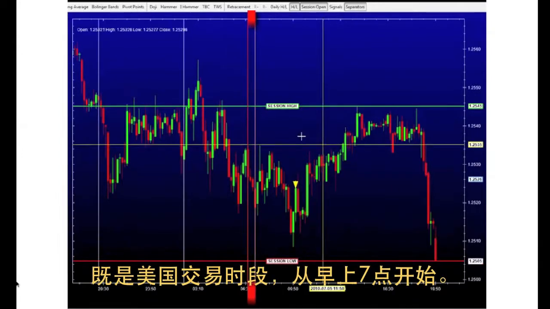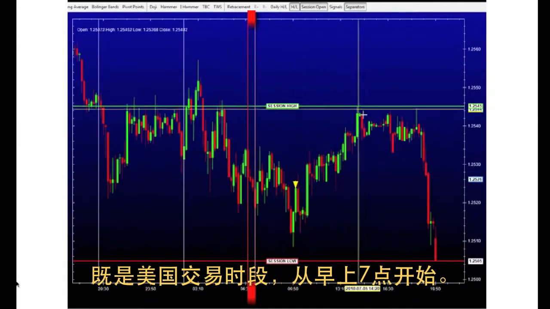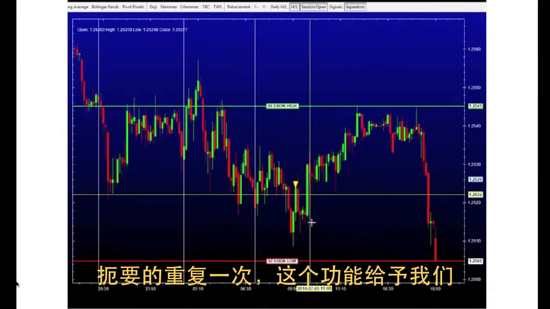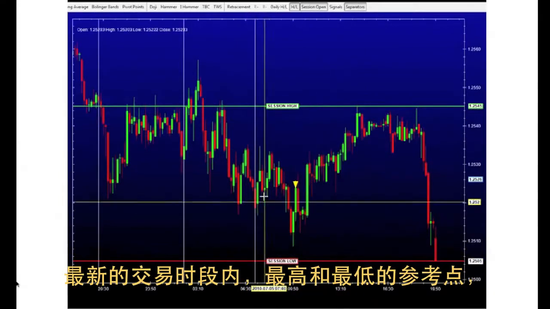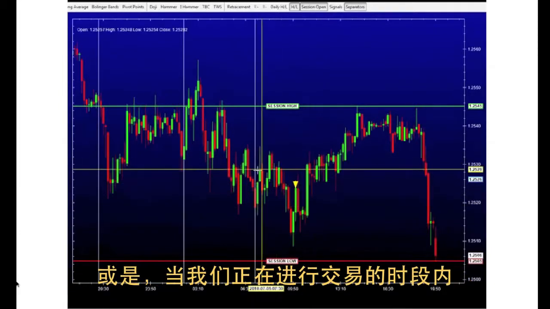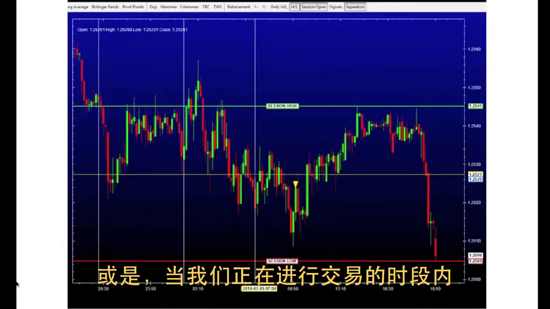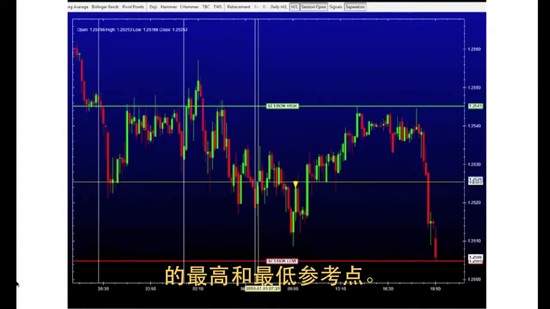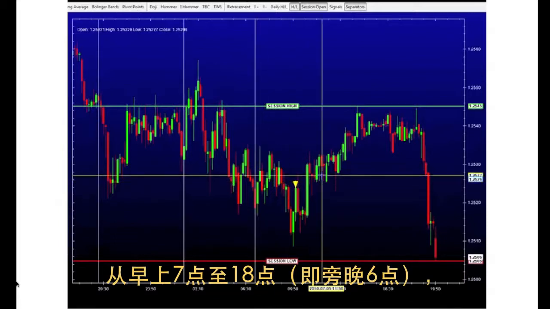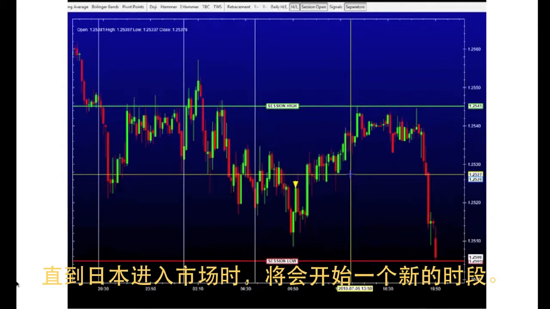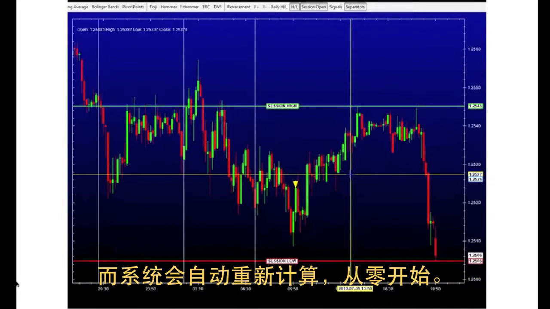So once again, this feature simply gives us the reference points from the highest level and the lowest level of the session that we're trading, or the newest session, which happens to be, in this case, the US session. 7 in the morning until 1800 hours, from 7 in the morning until Japan opens. And that would be a start of a new session. And then the system will recalculate, put everything back to 0 until the open of the Japanese session.